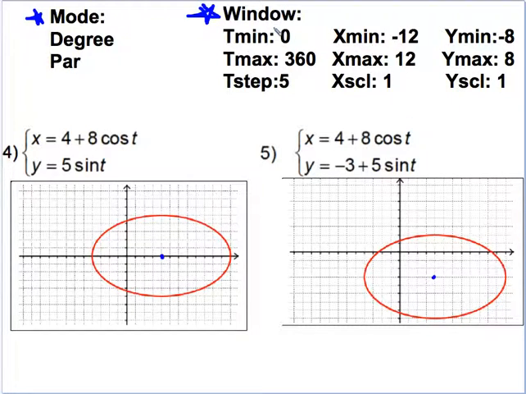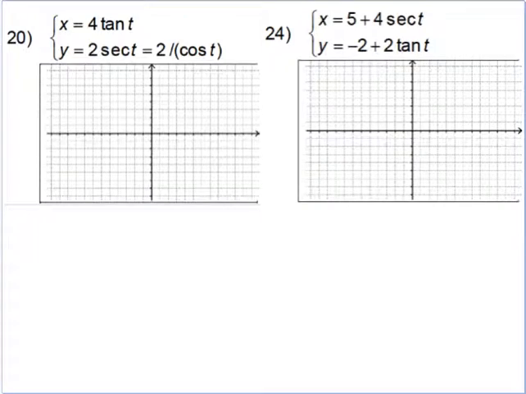Most of the time when we're graphing conic functions, your t-values are going to be from 0 to 360 with a step of 5. And most of the time, your x minimum and x max will be like this, and your y minimum and y max will be like this. You might want to jot those down in your notes so you can remember it. I had my students graph these in the calculators.